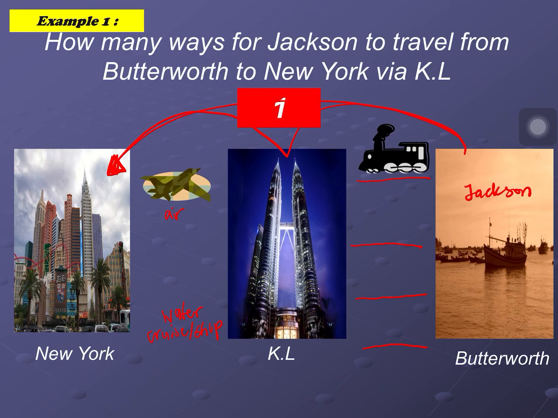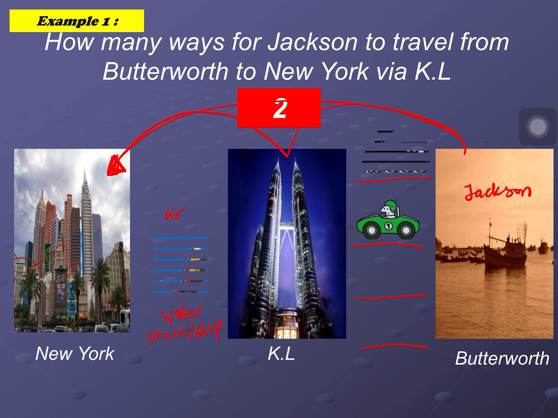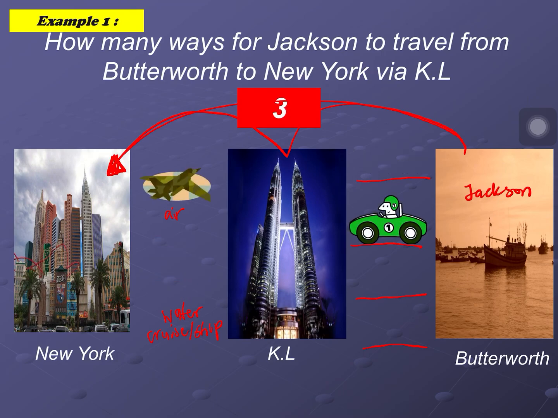So this is the first possibility. Jackson uses the train and then to New York he goes by air, by flight, or train and water cruise.